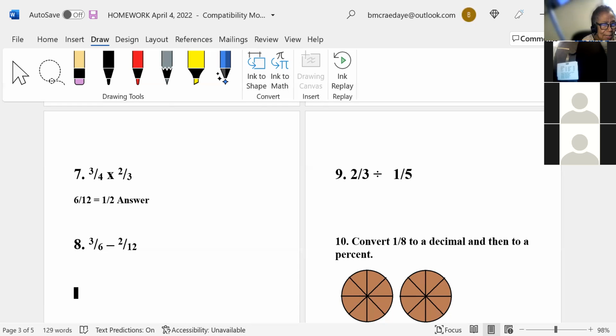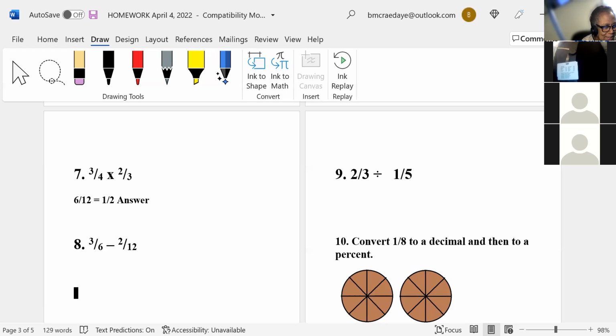Least common denominator is a number that both 6 and 12 can divide into. 24? Least. 6? No. What is it, Maureen? 3?